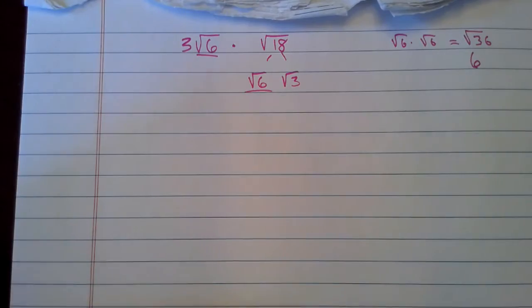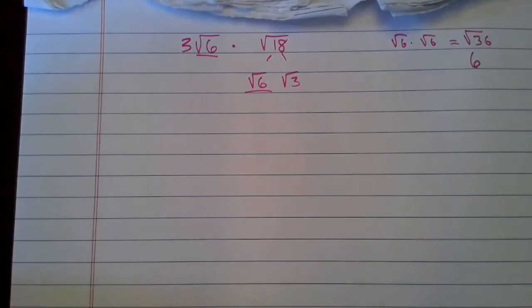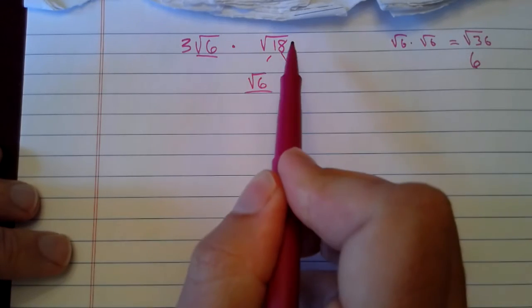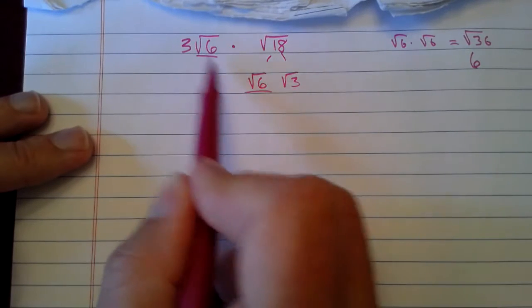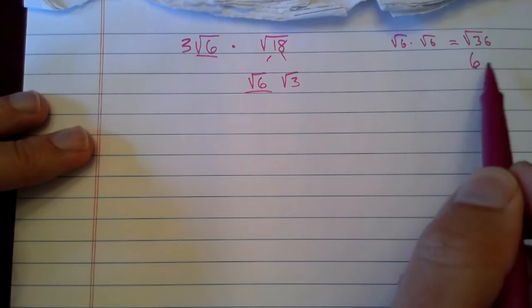So what I'm trying to point out, if you haven't caught on, is if you are multiplying radicals and you have the same factor in one and the other, and you can group them, these two grouped together will make just the 6. They'll make root 36 or just 6.